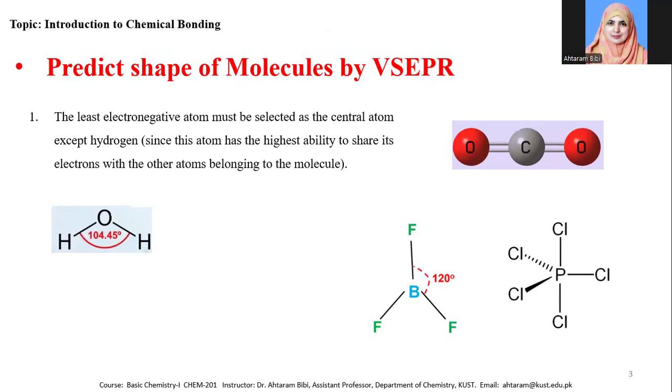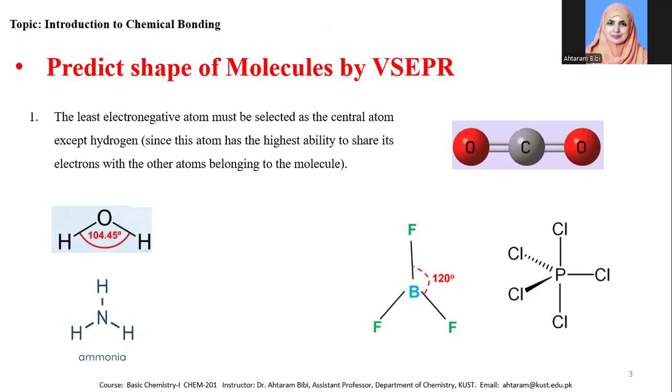Hydrogen is an exceptional case, while in all other cases the least electronegative atom will be considered as the central atom. As we can see in the water molecule, oxygen is more electronegative, but it is the central atom, and hydrogen is linked to the oxygen atom.